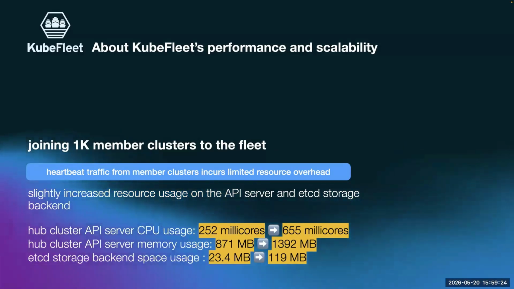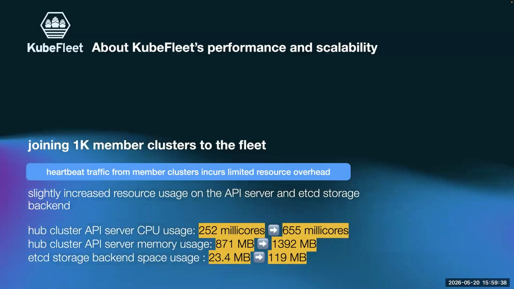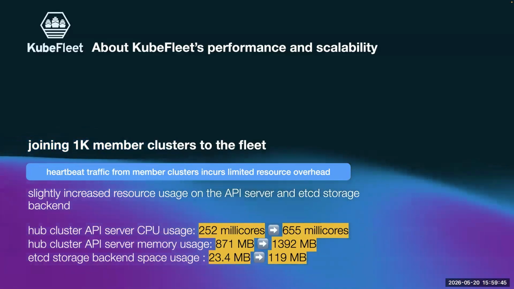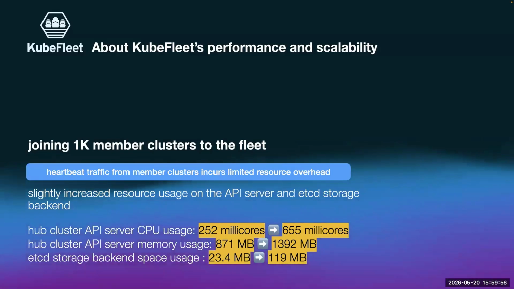In our rounds of evaluation, we usually follow three steps. The first step is that we join 1,000 member clusters to the fleet. The goal of this step was to evaluate what kind of performance footprint we have when there is only heartbeat traffic in the system. As one would expect, the heartbeat traffic from member clusters to the hub cluster incurs very limited resource overhead.